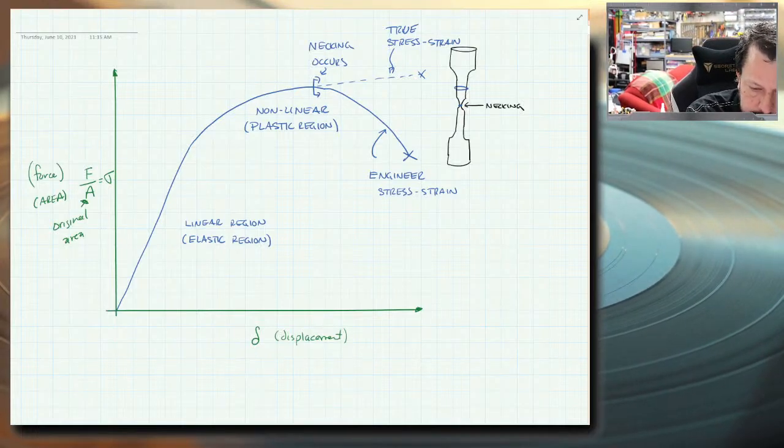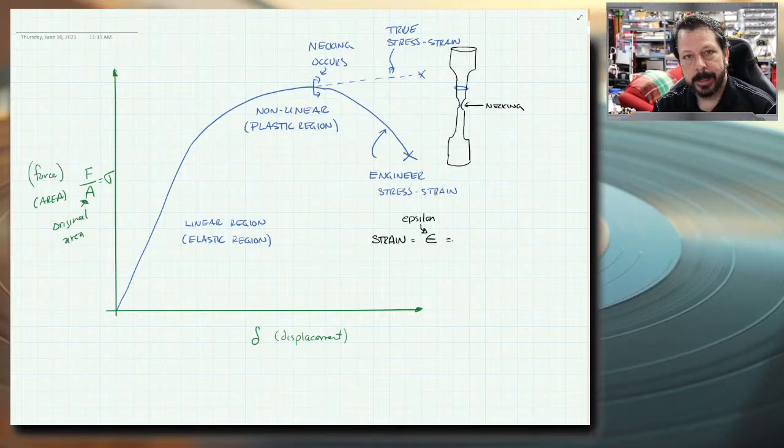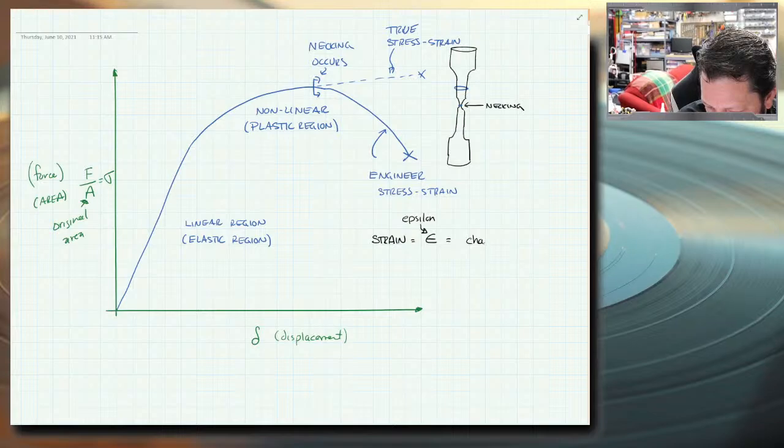Strain has a new variable, epsilon, and it equals a change in length divided by the original length of the thing. So it's really easy to deal with.